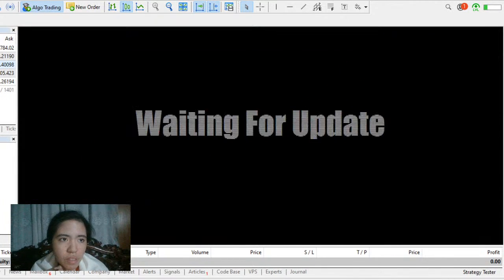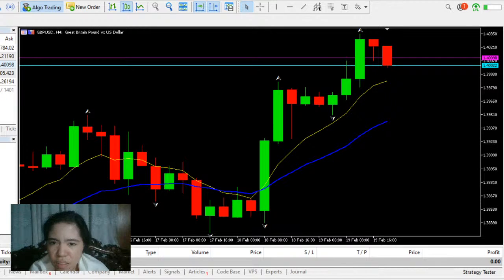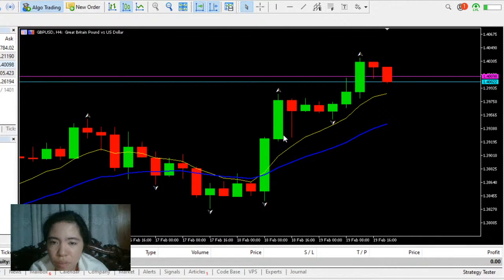I'm clicking the H4 button to change it to the H4 time frame. I'm gonna look for an entry in the lower time frames, since it's just about the same, but as you can see, the bars will be more often touching the EMAs.